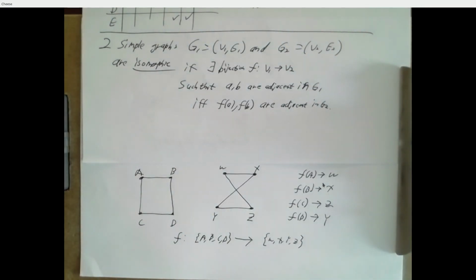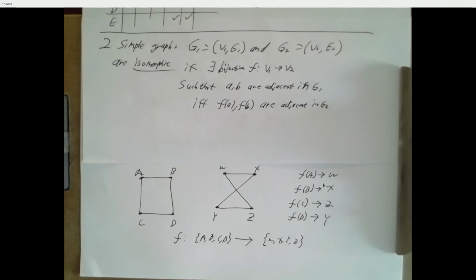And isomorphisms are interesting because it is very, very difficult in general, given two graphs, to know whether or not they're isomorphic. Sometimes you can prove pretty quickly that they're not isomorphic. For example, if one has 10 vertices and one has 5 vertices, they can't be isomorphic because there's no one-to-one mapping from 10 things to 5 things. So if they have different numbers of vertices, they're not isomorphic.